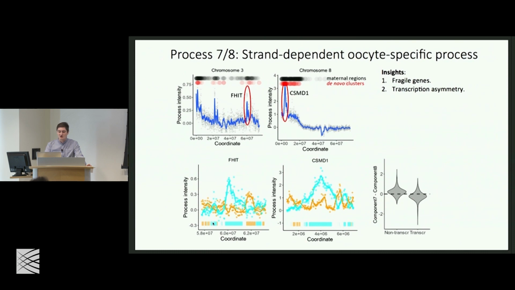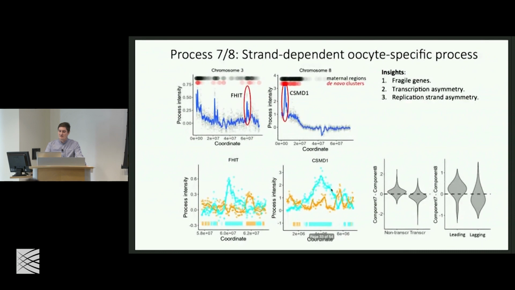Again, these colors show the direction of gene transcription with respect to the reference strand, and we see that the two processes that comprise this specific process peak specifically in correspondence with the orientation of a gene, indicative that this process is asymmetric with transcription and likely associated with DNA damage. At the same time, it is also associated with asymmetry of the replication strand, leading versus lagging.